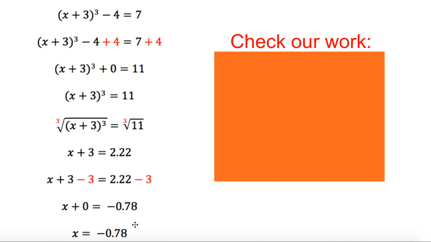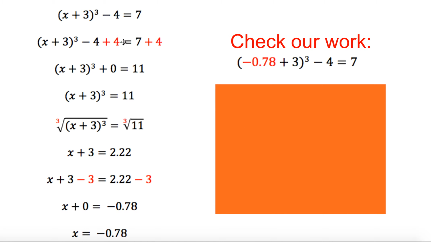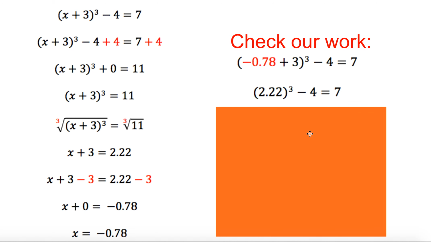Well, just like before, we always want to check our work, and so we're going to go back to our original equation and plug in negative 0.78 for our quantity of x. So here, parentheses, we always start with in our order of operations, so negative 0.78 plus 3 is 2.22.